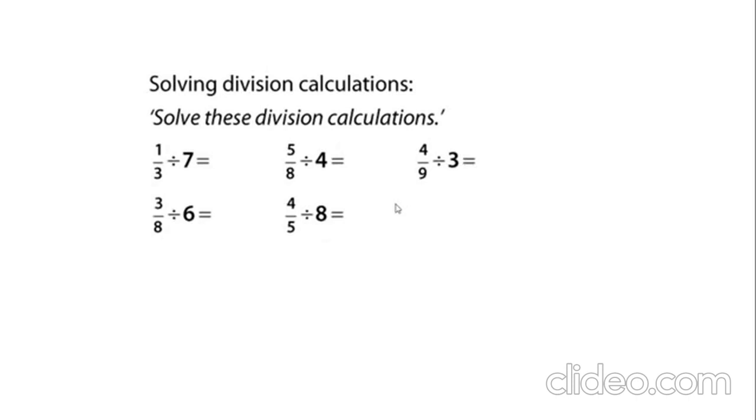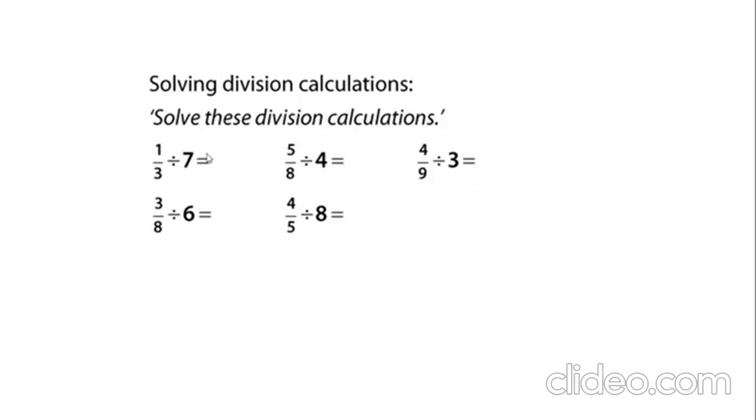Now I'd like you to solve these division calculations. Remember one example, so we'll do one together. 1/3 divided by 7 is the same as, I might do my workings on my piece of paper, maybe you can do it at the same time as me, and then I'll show it and we can see if we've got the same. Right, I'm writing mine down. 1/3 divided by 7 is the same as 1/3 multiplied by... Right, I've got my answer.